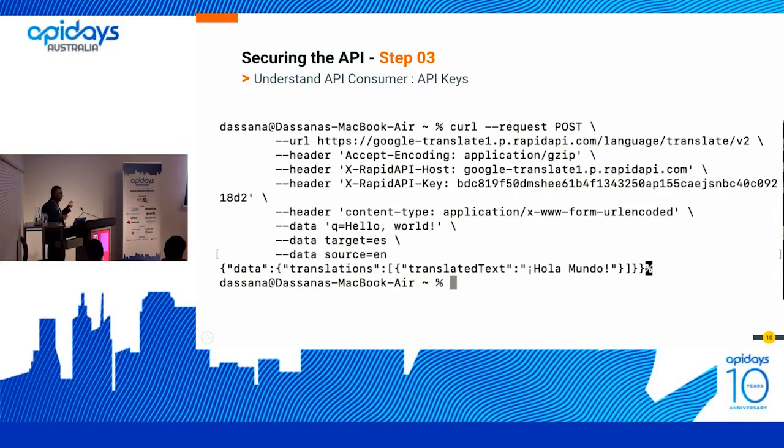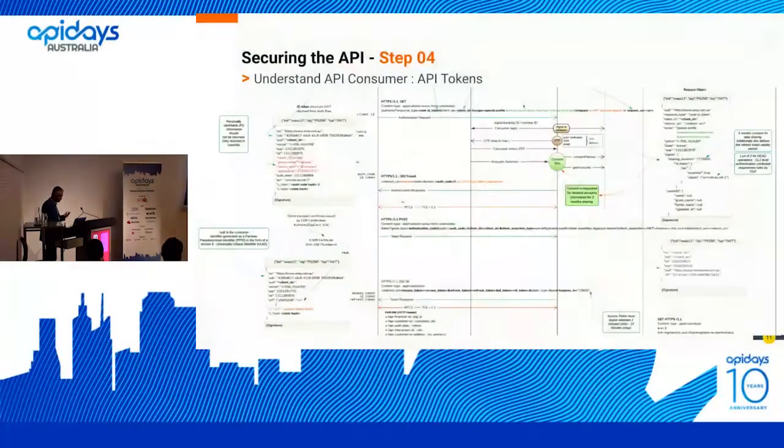So we need to have that flexibility, because in different scenarios the same API can be in different consumption models.